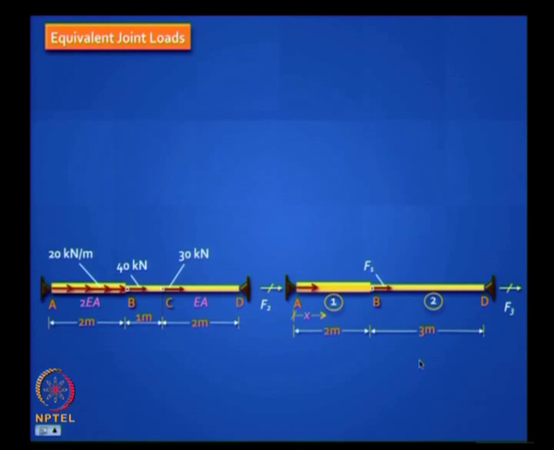What does this equivalence guarantee? That both will have the same what? Not throughout. At B, that is all you are guaranteeing. The same displacement D1. Is it clear? That is the idea. This is the basis for equivalence.